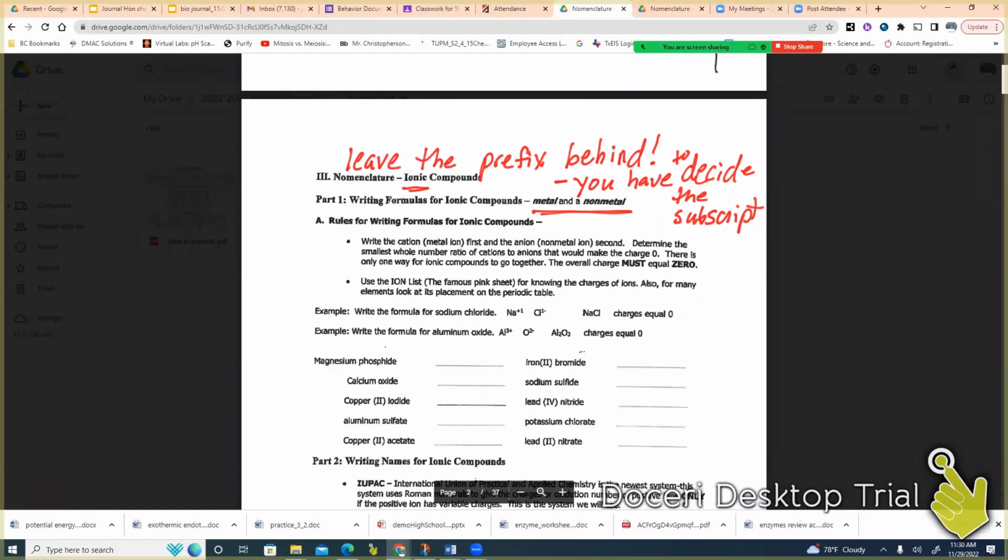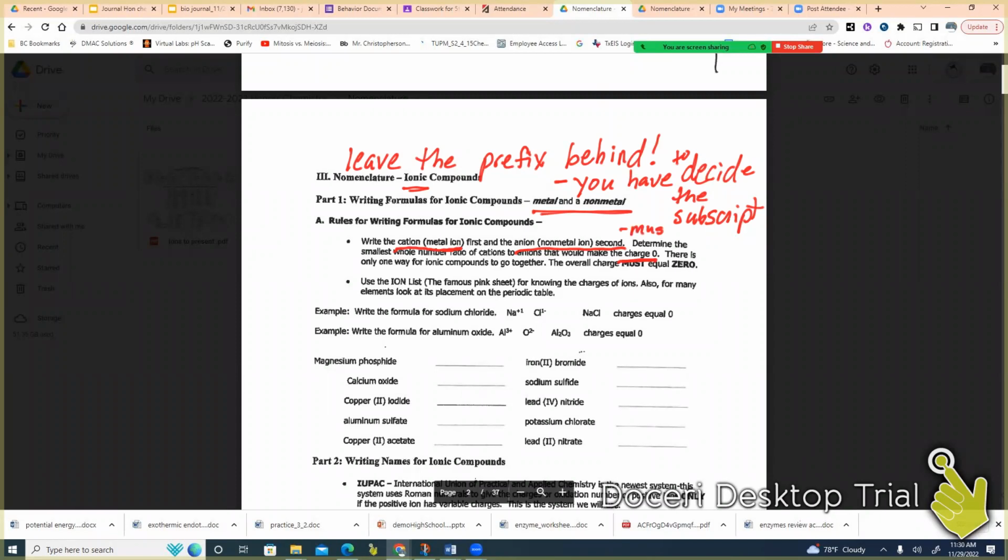So as we've talked about before, when you're writing the formulas or making the name for an ionic compound, the cation, the positive metal ion, always comes first, and the anion, or the second nonmetal ion, is always going to come second. You have to determine the smallest whole number ratio of cations to anions, so you end up having an overall charge of 0.